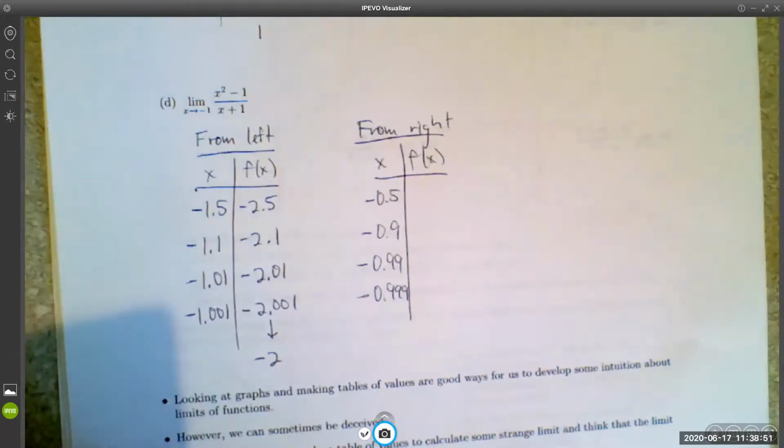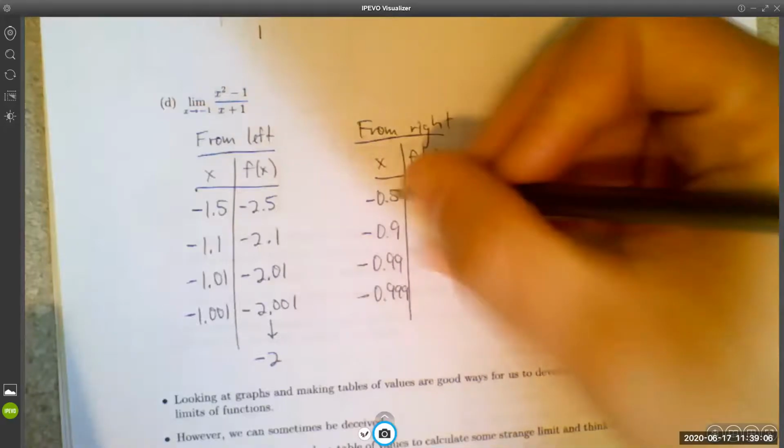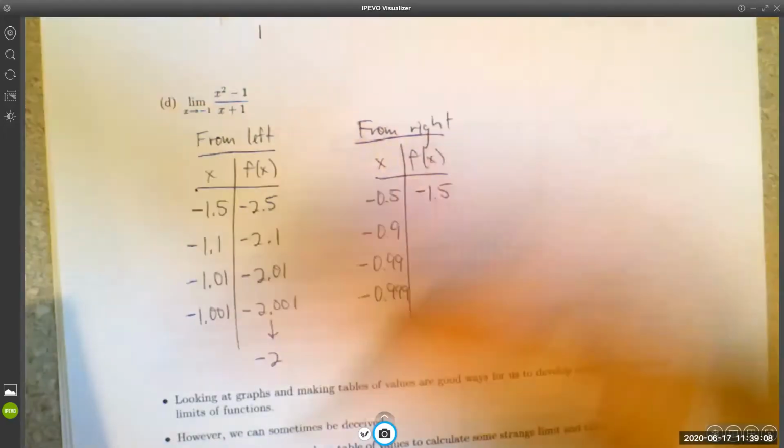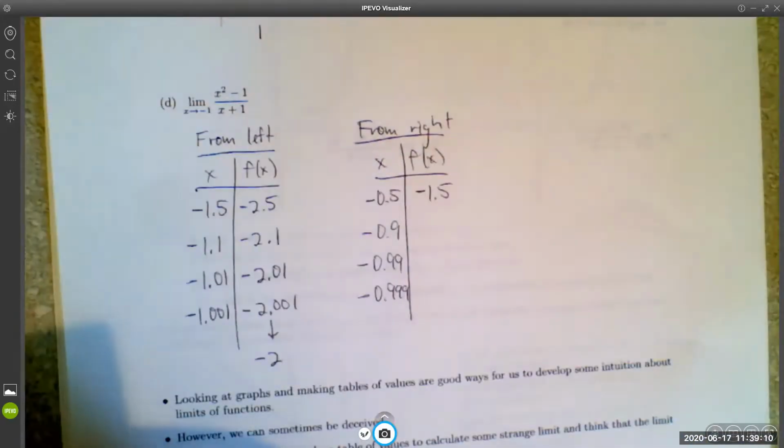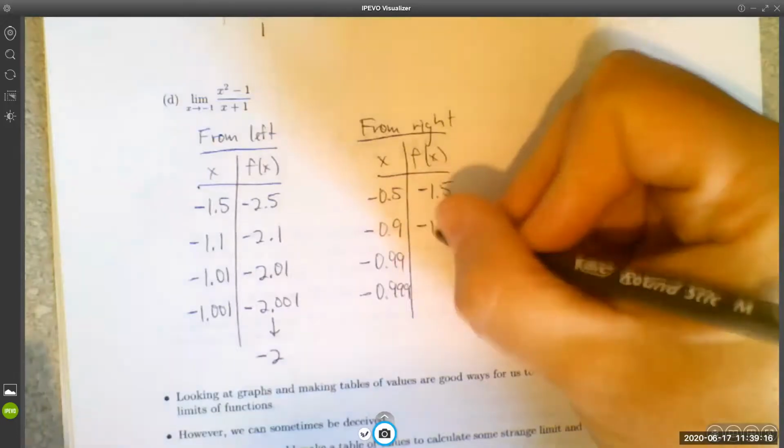What's happening from the right? So if I replace it with negative 0.5, I get negative 1.5. If I replace it with negative 0.9, then we get negative 1.9.